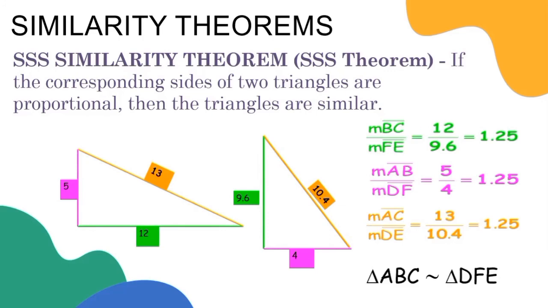Therefore, triangle ABC is similar to triangle DEF because all of their corresponding sides are proportional. Okay? When all three sides have a value, then consider it an SSS similarity theorem.